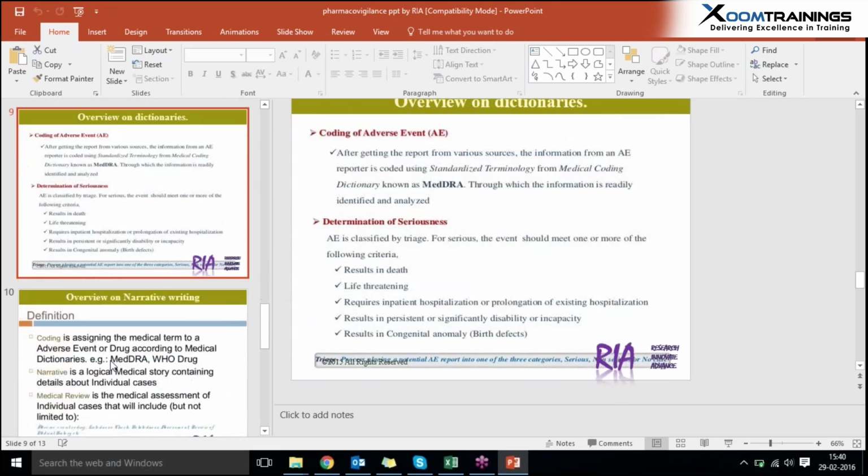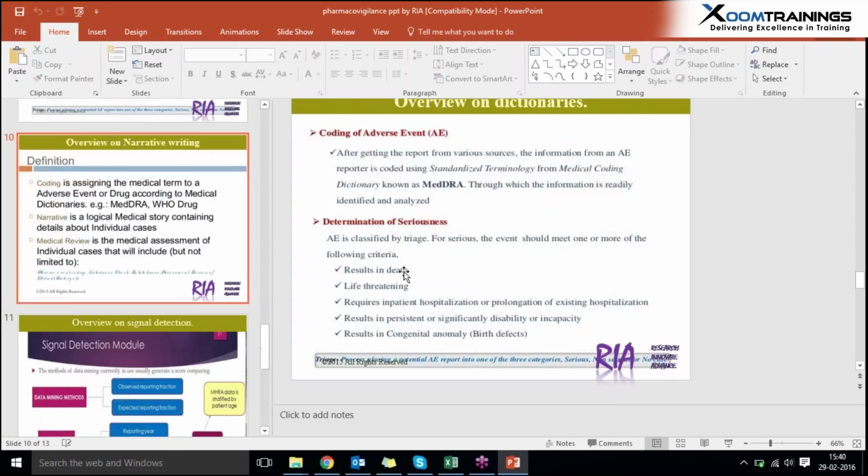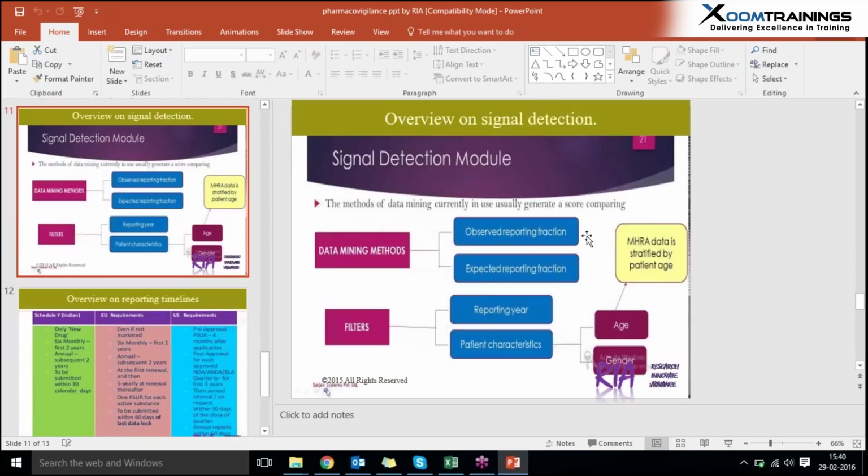Now, coding: how we do the coding, how the seriousness will be determined, how we do the narrative writing, and how the signal detection model works, how we are going to detect the signal, how we do the filters, how we do the data mining.